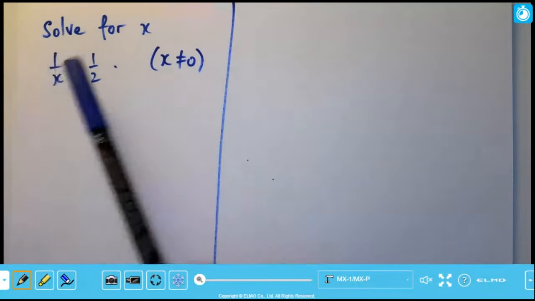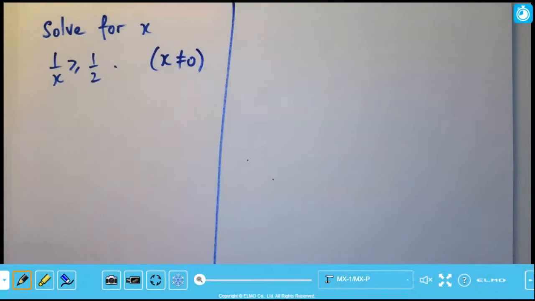We can solve this problem several different ways. So we can solve it using algebraic or graphical methods. So if you guys have a preference, which one would you choose, algebraic or graphical methods?